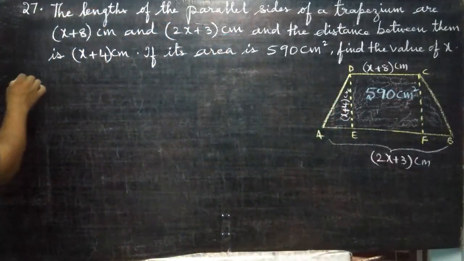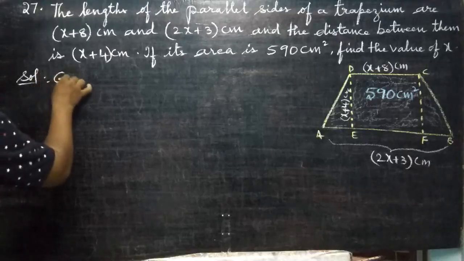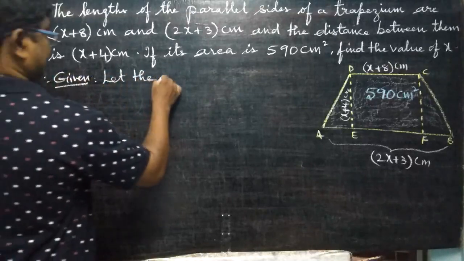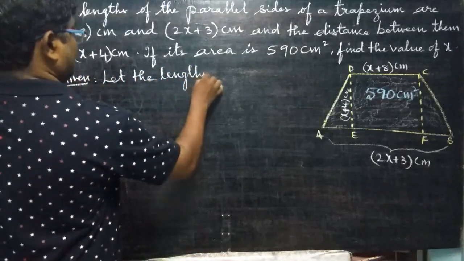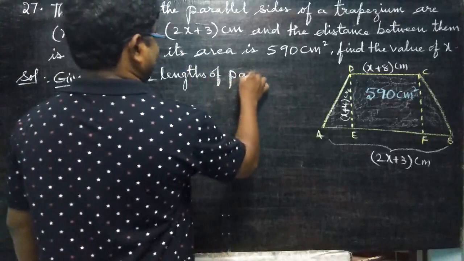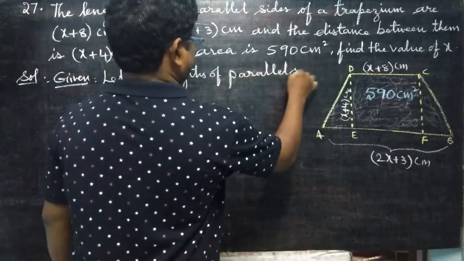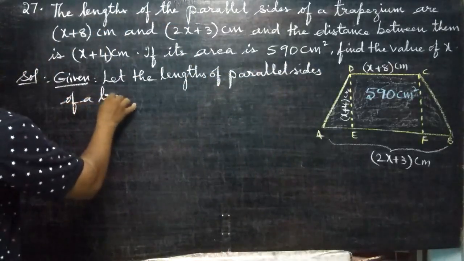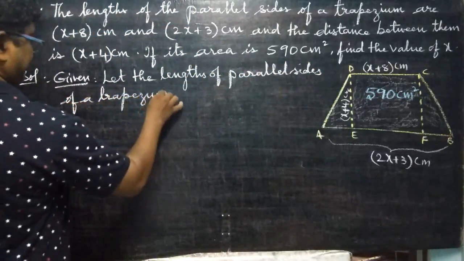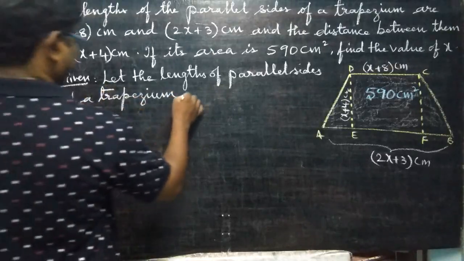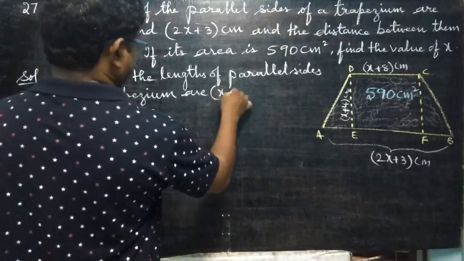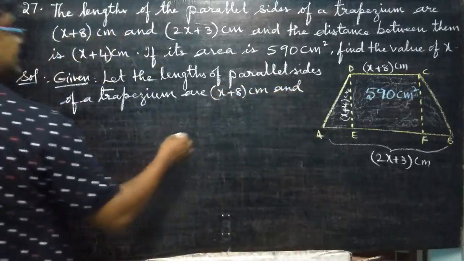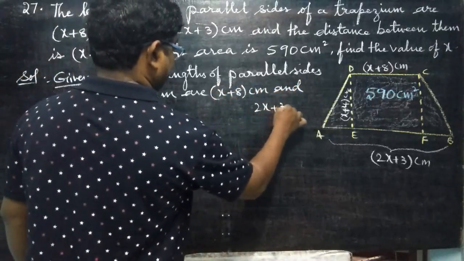Now the solution. Let the lengths of parallel sides of a trapezium be x plus 8 centimeters and 2x plus 3 centimeters.